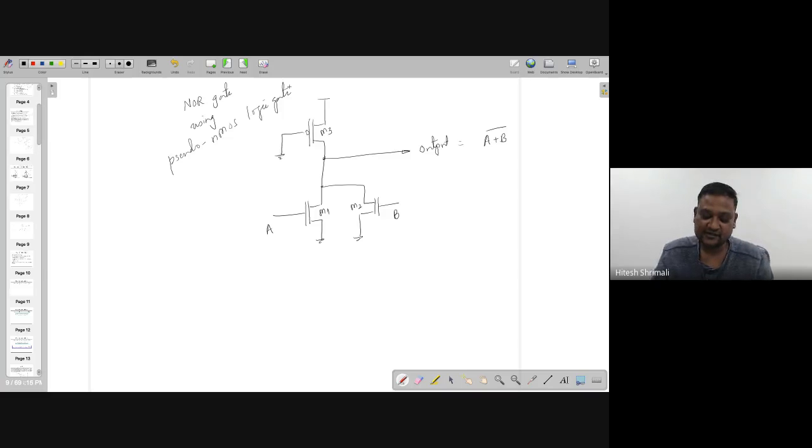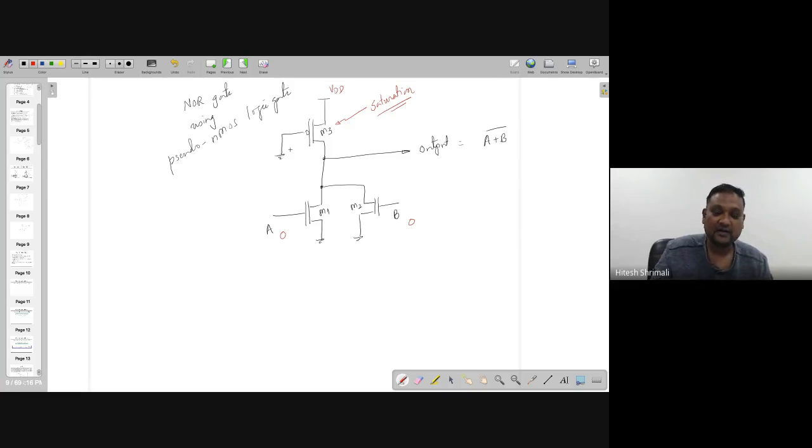Okay, so in that case, what is happening here? Let's assume that both A and B are 1. Actually, I should start with both being 0. What is going to happen? If both are 0, these two transistors are off. But you should look at the upside, which is always connected to a PMOS. So M3 is a PMOS transistor, and 0 volt is given to it, meaning this transistor is always on, in saturation by the way, because of the 0 volt.